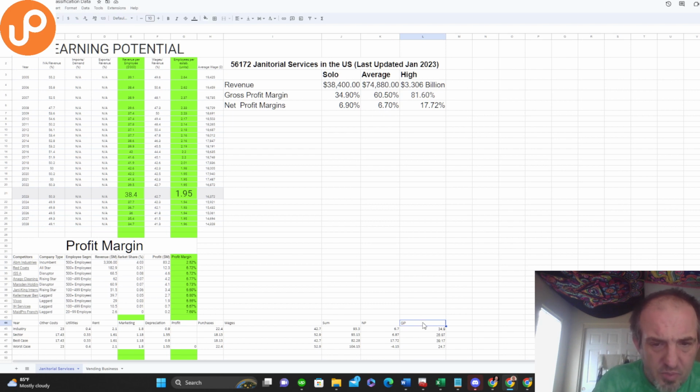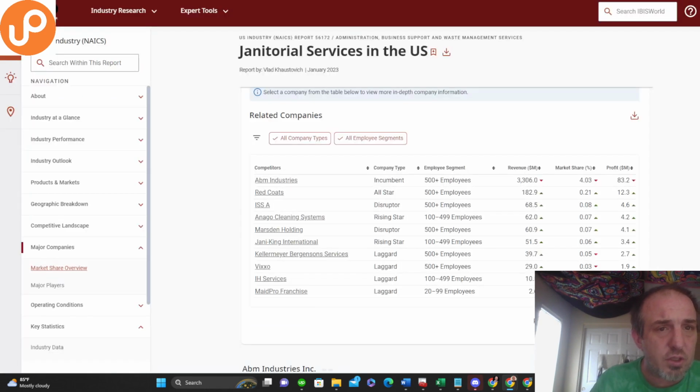This one, what I did was I subtracted the purchases and the wages from revenue, and that shows me a range of my gross profits. But the purchases and the wages aren't 100% accurate. So there's some other areas you want to check.